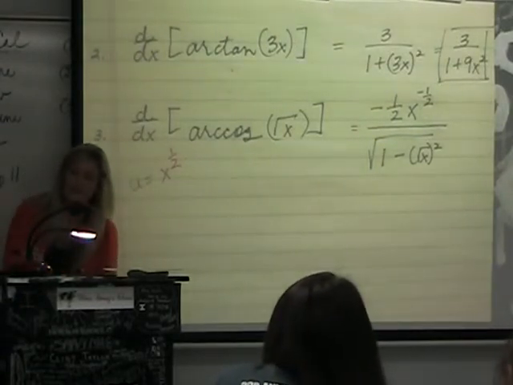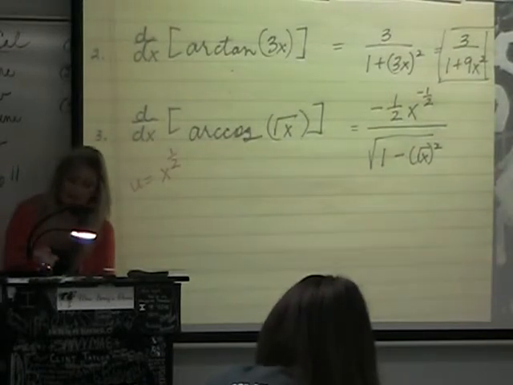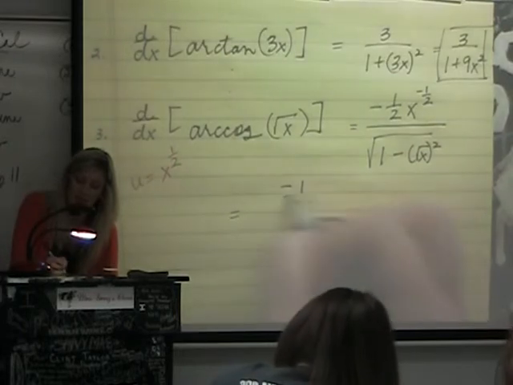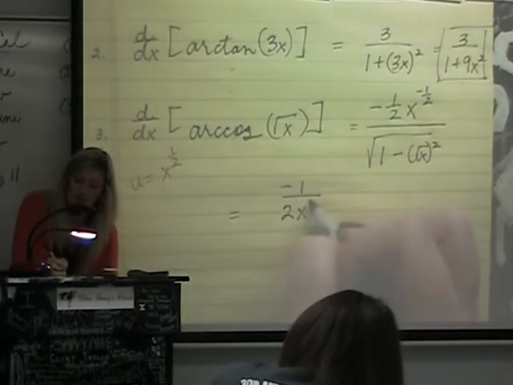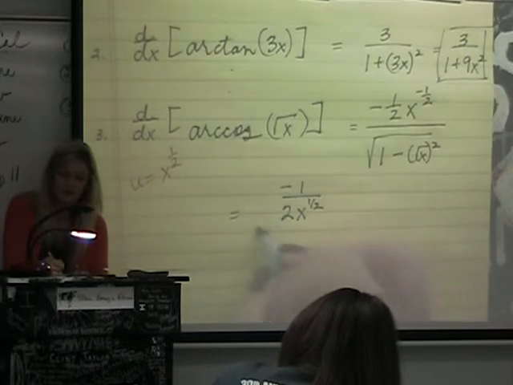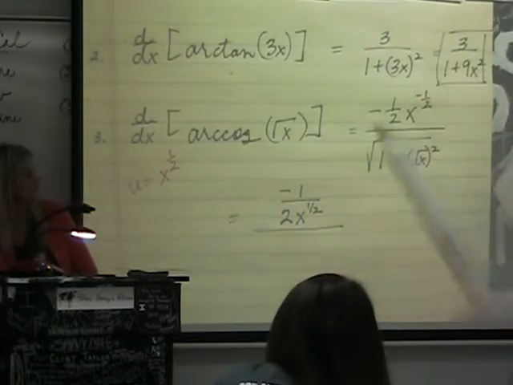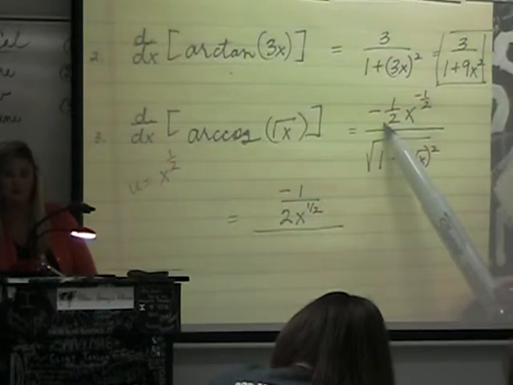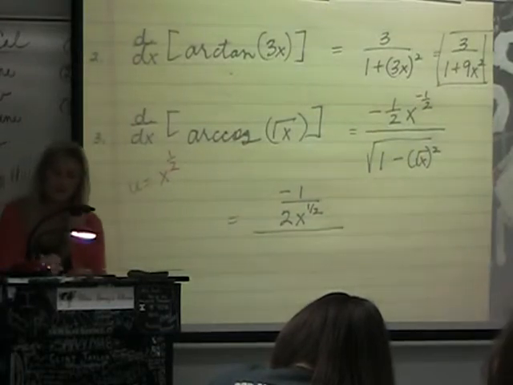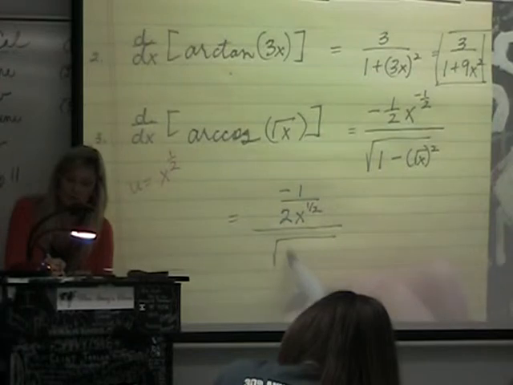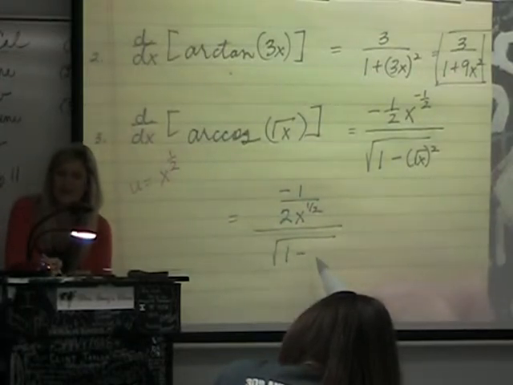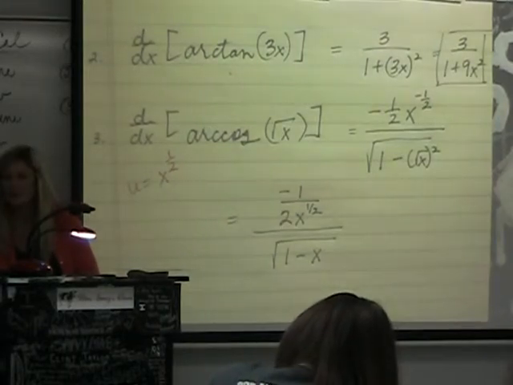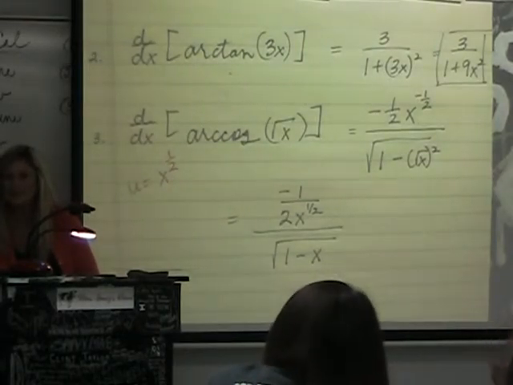All right, so let's do some simplifying here. In my numerator, I'm going to write this as -1 over 2x to the +1/2. I just moved my x to the -1/2 to the bottom of the fraction with the 2 and made it positive. Then on the bottom, I have square root of 1 minus square root of x squared is just plain old x. And I still don't really like that because I have a fraction inside a fraction.